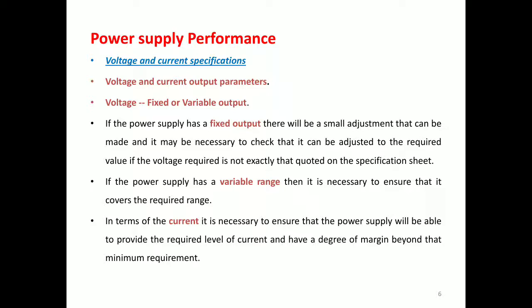Coming to the first one, if the power supply has a fixed output, there will be a small adjustment that can be made, and it may be necessary to check that it can be adjusted to the required value, if the voltage required is not exactly that quoted on the specification sheet. That is very important. If the power supply has a variable range, then it is necessary to ensure that it covers the required range. Okay, so that is related to the voltage.